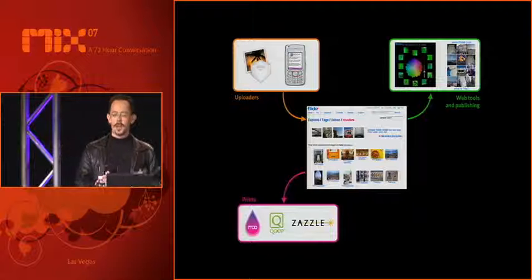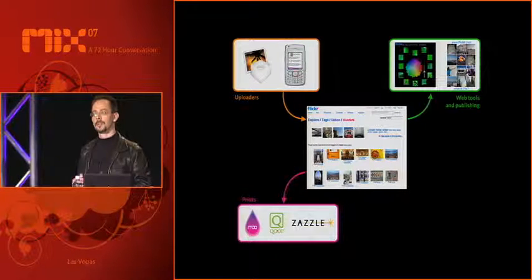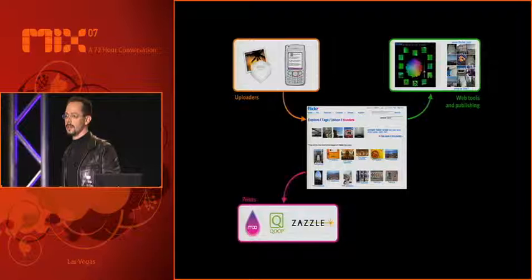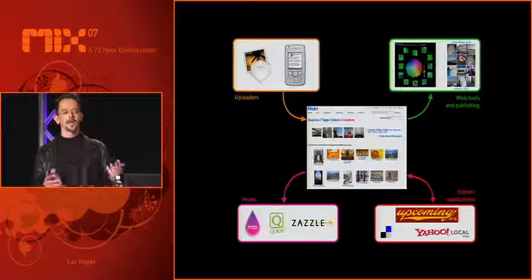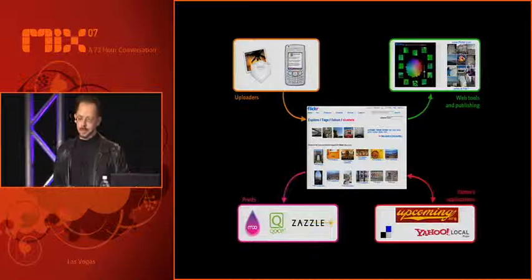There are companies that have built entire businesses simply on allowing you to get physical copies of the photographs you find on Flickr. And now that Flickr is part of Yahoo, there are all kinds of opportunities for interoperability with Yahoo's other websites.